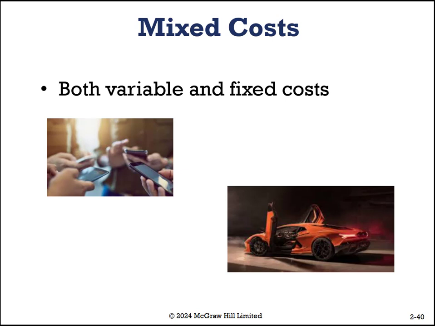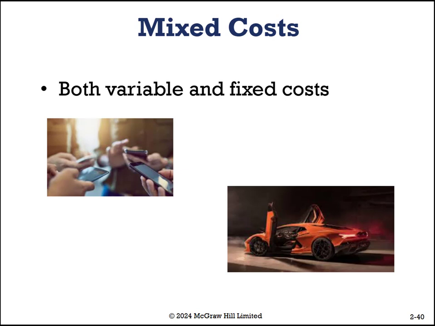And then it might include a bunch of freebies, like 200 minutes and 2 gigabytes of data. But if you exceed those, then you have an incremental variable cost beyond those fixed costs. So perhaps you go over by a gigabyte, and that's an extra $12 and so forth. So your cell phone bill is an example of a mixed cost.